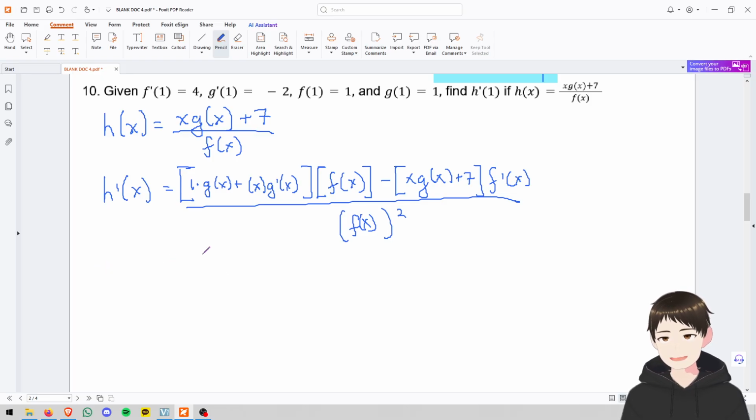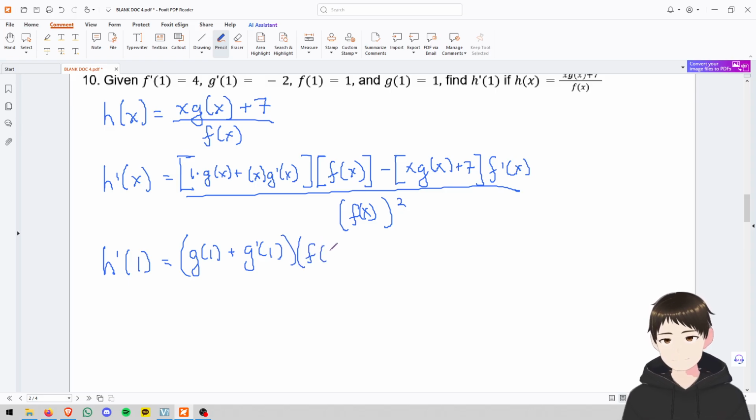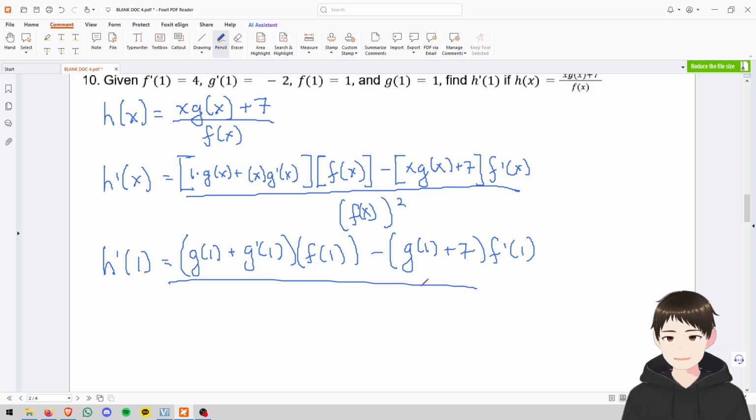Okay? And I'm not going to simplify any further because the question literally just asked me to plug in a 1. We've got 1 times g of 1 plus 1 times g prime of 1. All of this is multiplied by f of 1, subtracted by 1 times g of 1 plus 7 times f prime of 1, all over f of 1 squared. Let's see if we can simplify this.